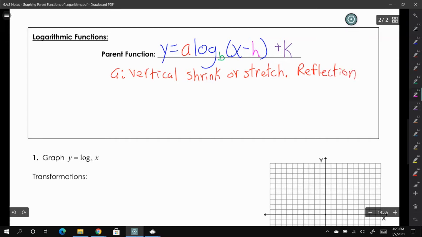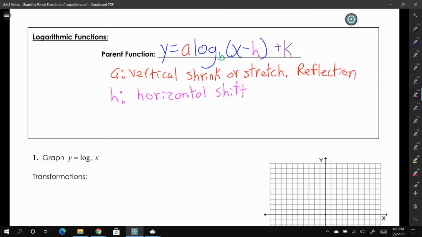Then our h value tells us our horizontal shift. And just like we talked about before, your horizontal shift is going to be the opposite of what you see. X minus 5 means you are shifted right 5. And your k value is your vertical shift.